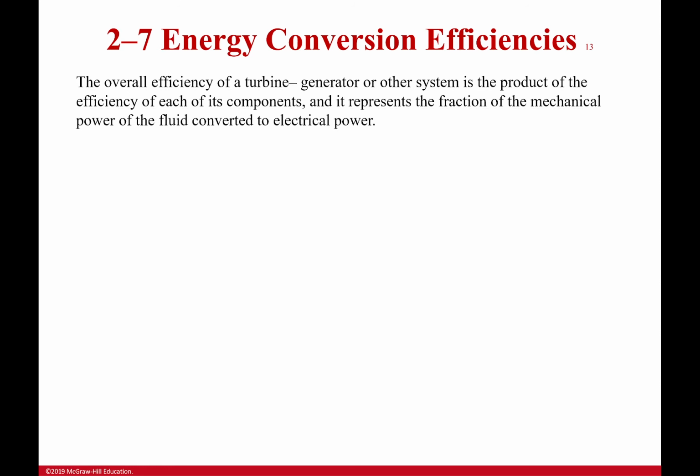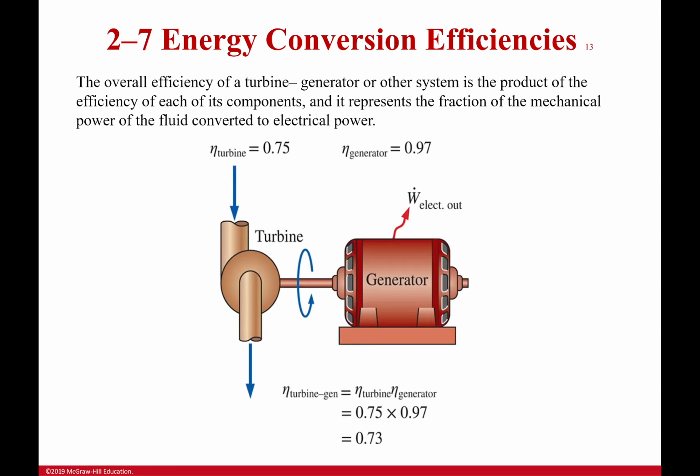Now, let's look at a more complex case. So right here, I have a generator, and I have that connected to a turbine. When I am calculating efficiencies, it's never just the efficiency of one component that I care about, like just the turbine or just the generator. I need to know how to calculate those.